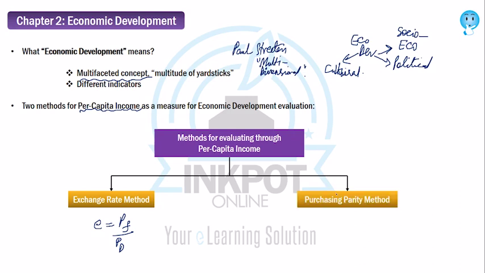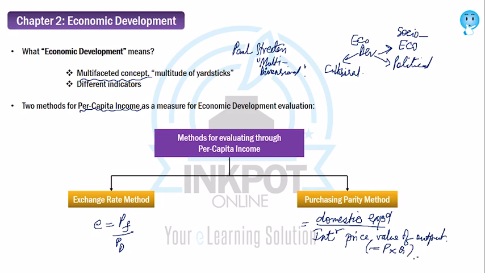Second would be purchasing parity method. Well, the purchasing parity method they describe in a box in this chapter. It's the ratio of domestic expenditure incurred in the country divided by international price value of output. By value, I hope you remember it's always P into Q, right?